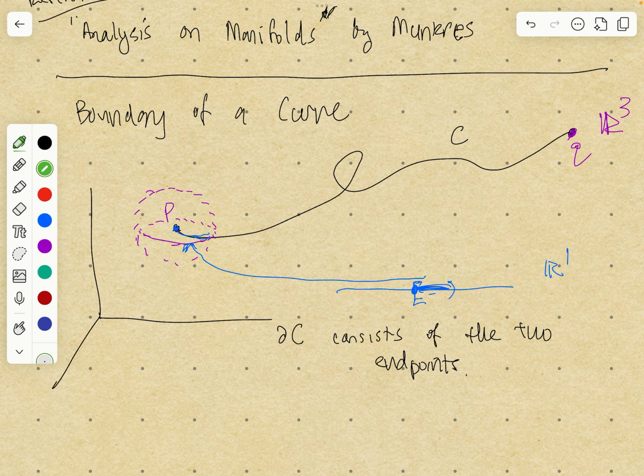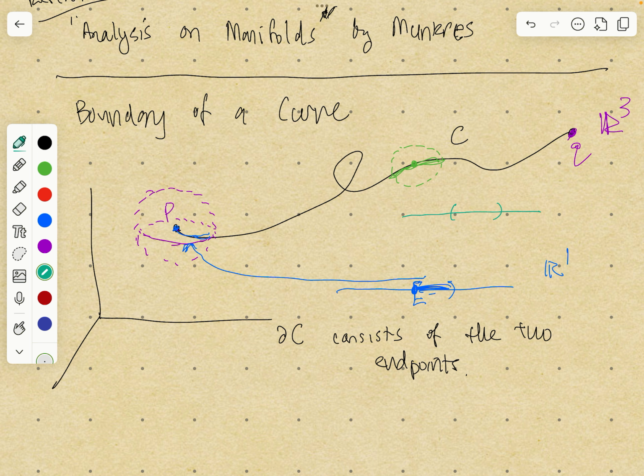If you take a point here, it's not a boundary point because when you look at a small sphere centered at this point, say you look at the points that are 0.00001 away or less from that point, that are on the curve, you get something like this, and then this part is covered by a subset of R1, which is an open interval, right?